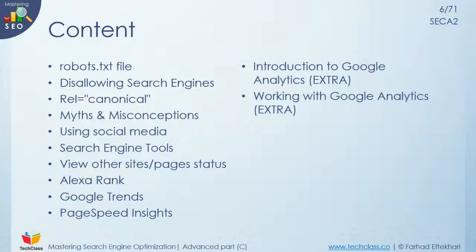So the content of this part of the course, which is the advanced part, is the file about robots.txt, how to disallow search engines to crawl your websites, the concept of rel equal to canonical, and then some myths and misconceptions about search engine optimization, the benefits of using social media, search engine tools, a few of them are going to be introduced to you, and how to view other sites and pages, the status of this SEO concept, Alexa rank, and then Google Trends, and then PageSpeed Insights.